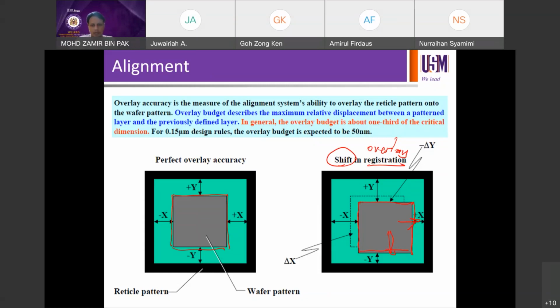Okay, so that's the shift in overlay, and this kind of shift depends on the target specification that you want to print. For example, if we are working on the latest state-of-the-art technology nodes, then the shift in registration tolerance will be very, very small.